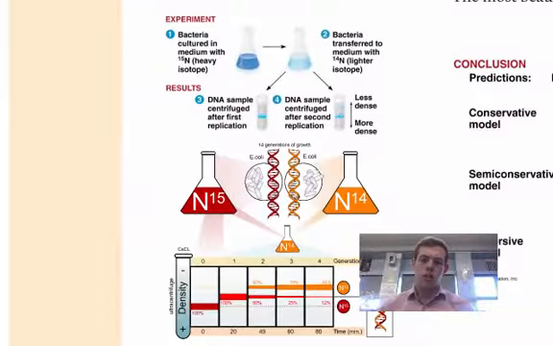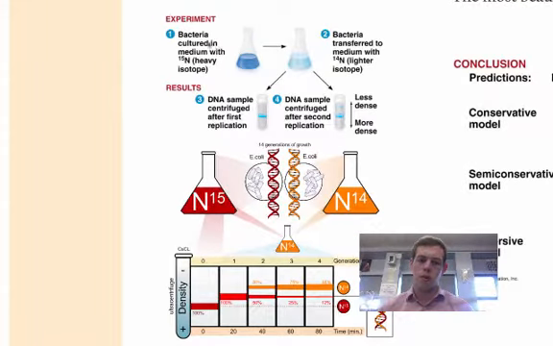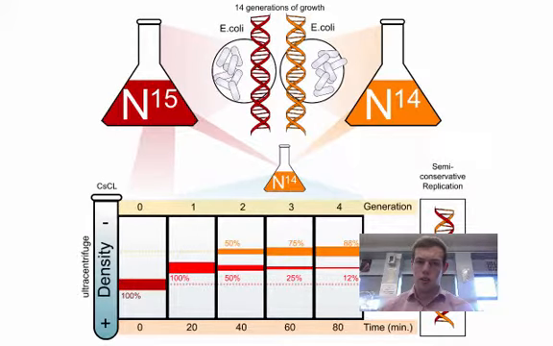So they were doing these experiments, and what they started out with was bacteria with nitrogen-15, a heavy isotope, and then bacteria with regular nitrogen-14, our lighter isotope. They transferred them and let them replicate. What they saw over time was that the first bacterial generation had 100% of this N15, the amount we initially started with.